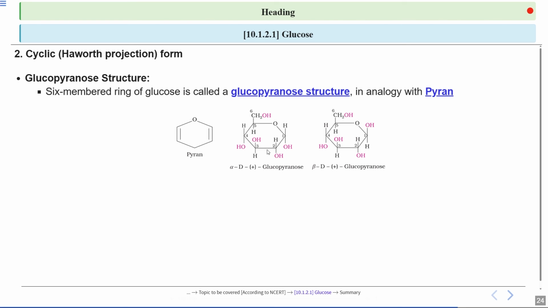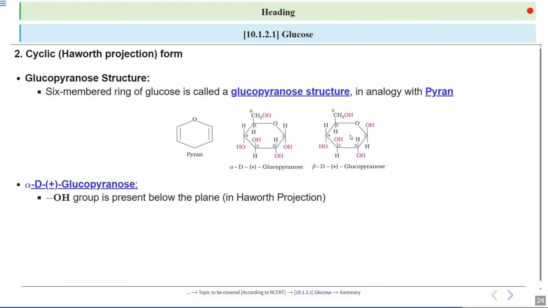So this is alpha D-glucopyranose and this is beta D-glucopyranose. They differ only in the OH positions at carbon number 1. Now if we talk specifically about alpha D-glucopyranose, in this structure the hydroxyl group attached to the first carbon is positioned below the plane of the ring in the Haworth projection.